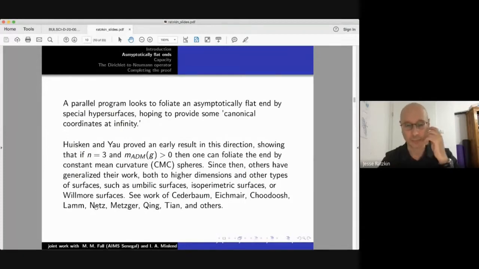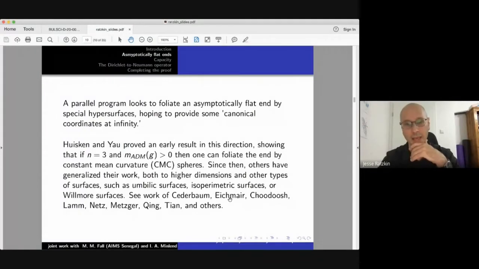She has some joint work with Christopher Nerz, for instance, showing that this wobbling centers behavior I was describing can actually happen if you weaken some of the hypotheses in the Huisken-Yau paper, that the centers can actually diverge to infinity, that the foliation can be very badly behaved, and you might lack uniqueness.